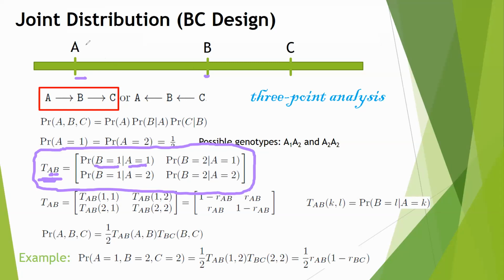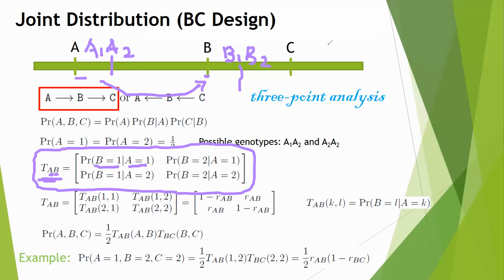So for locus A we see this genotype, and for locus B we also see the same genotype. This is 1, this is 1. Even though there's a step, the chain stays in the same state.